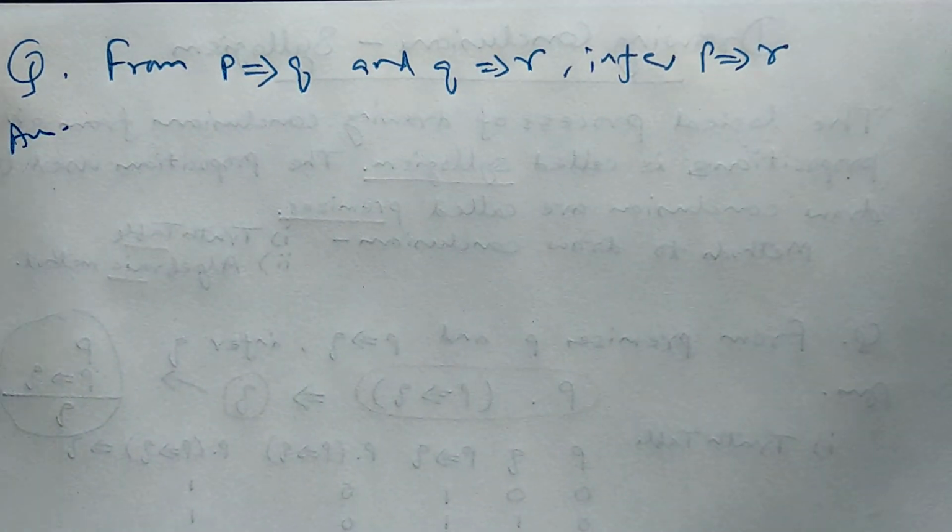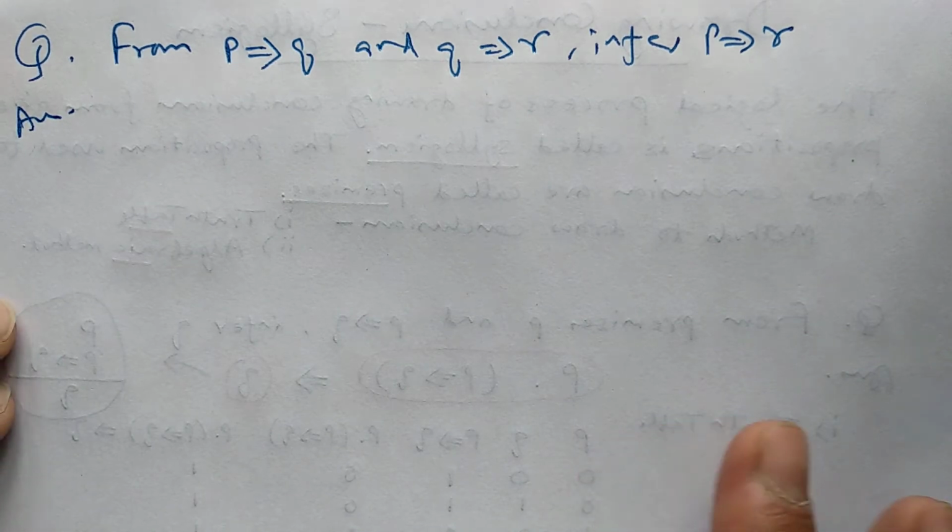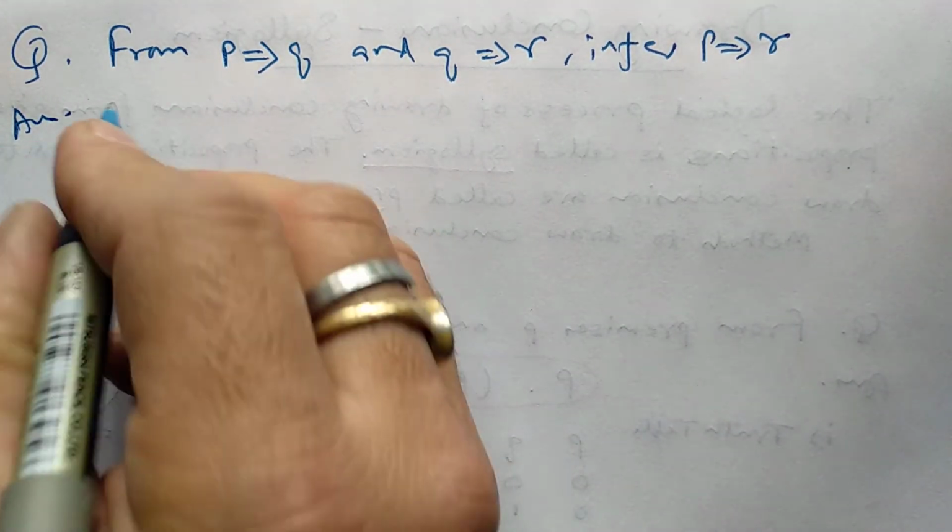I think you can do it with the help of a truth table. That's a quite easy method, so we'll try the first one.